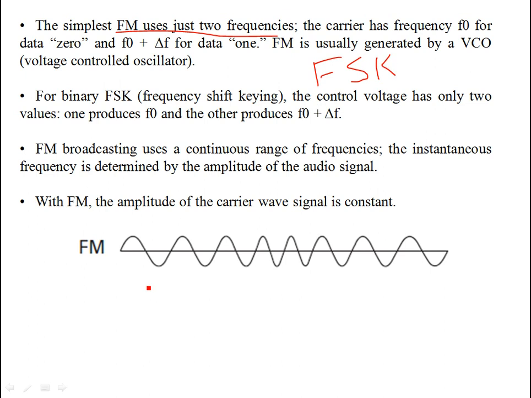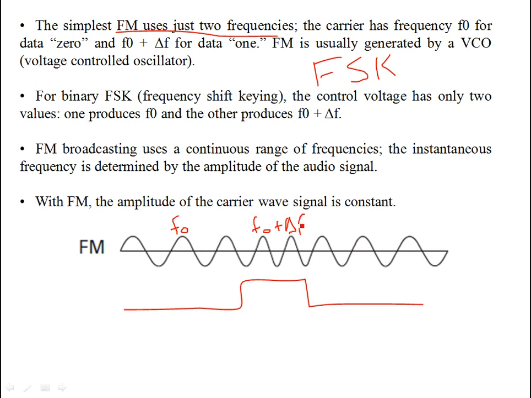For example, you have some binary data, 0, then some ones, then zeros. Over here you have a certain frequency f0, and once you have the data, you might have a frequency f0 plus a certain deviation, I call it delta f maybe.